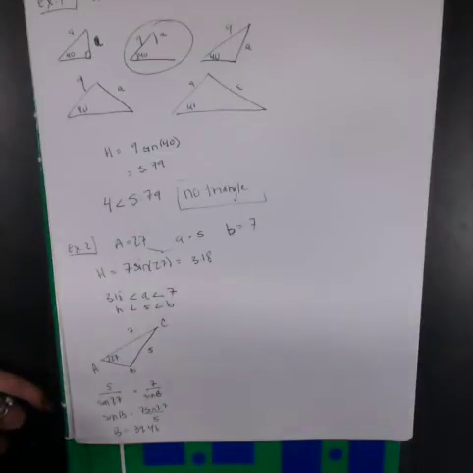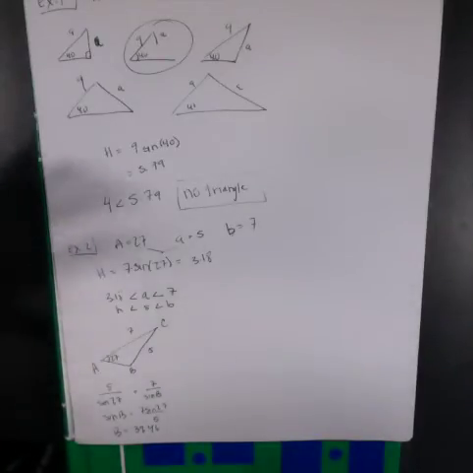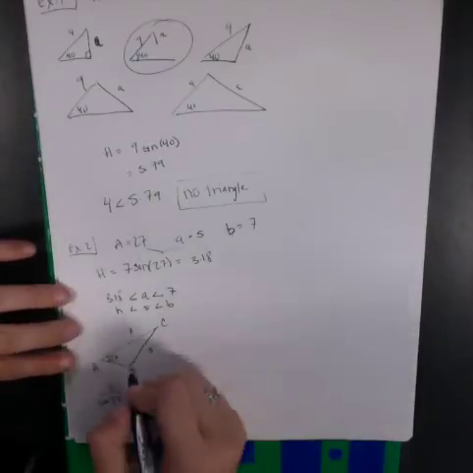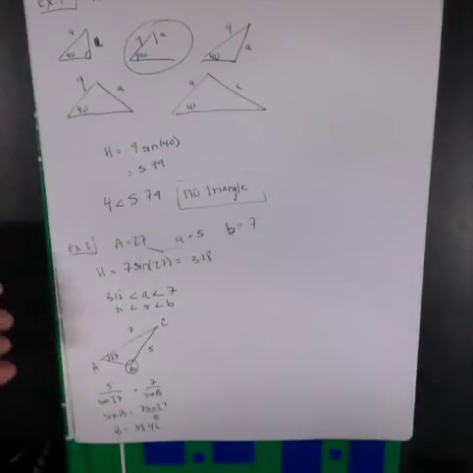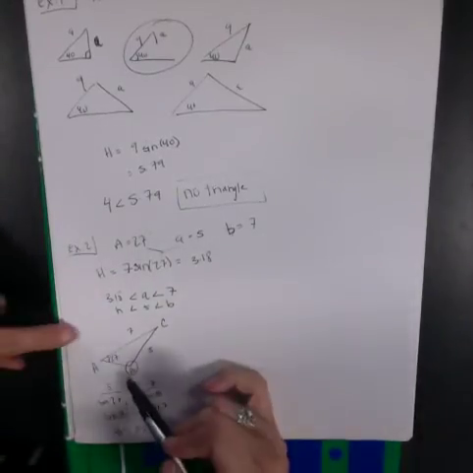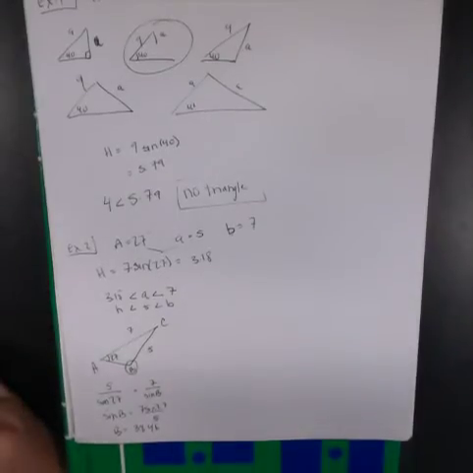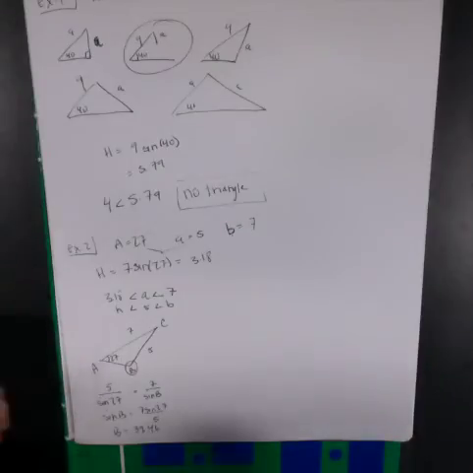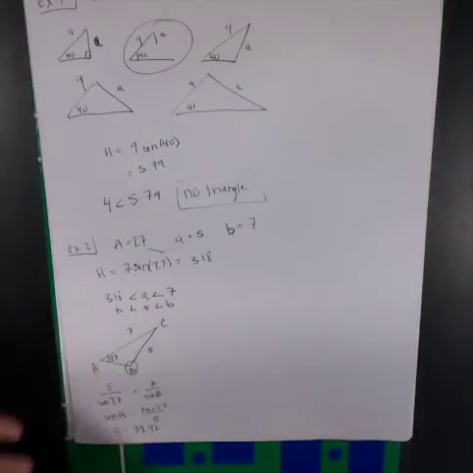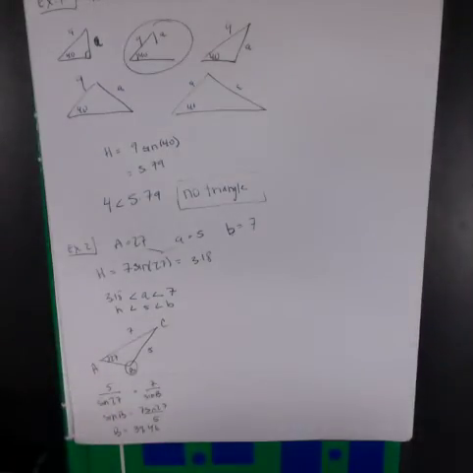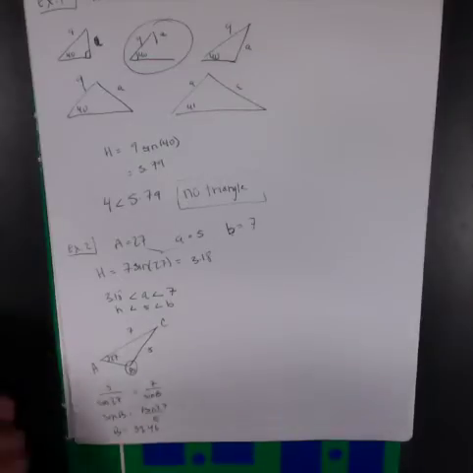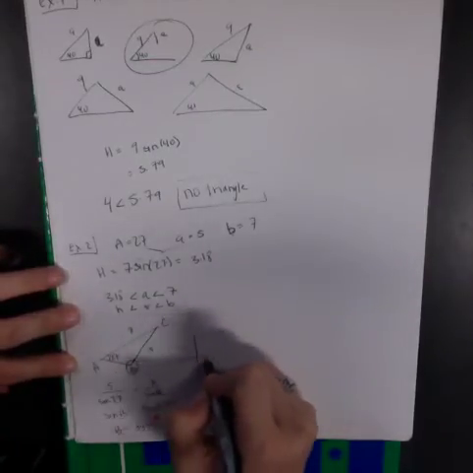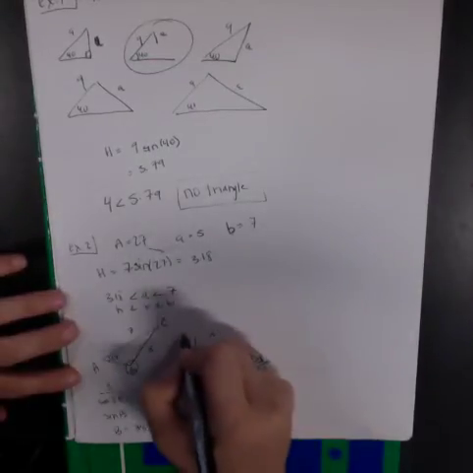Now with the 39.46, I have to think about this angle B. It's an obtuse angle, right? That tells me that B is not 39.46 in this triangle. Now what I do is go back to this graph.